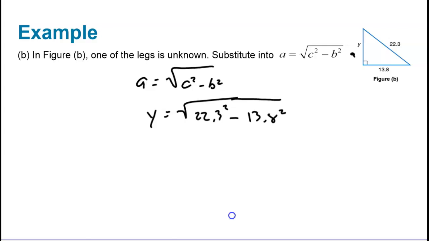So this is A, and we're using this for B when we're substituting in.